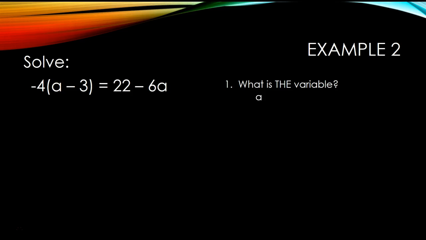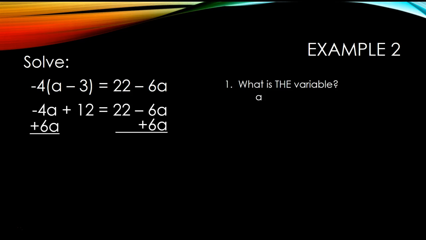What I'm going to do first is distribute the -4. -4 times a is -4a. -4 times -3 is +12. The next thing I focus on is which is the smaller of the variables, -4a or -6a. -6a is smaller, so I'm going to add 6a to both sides.